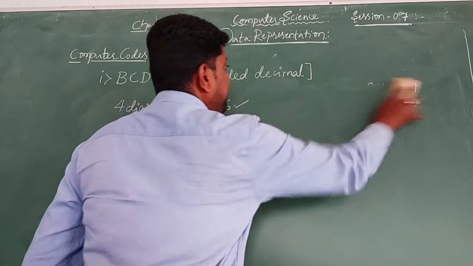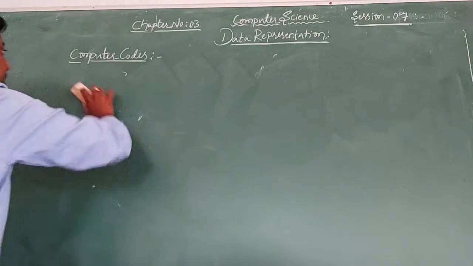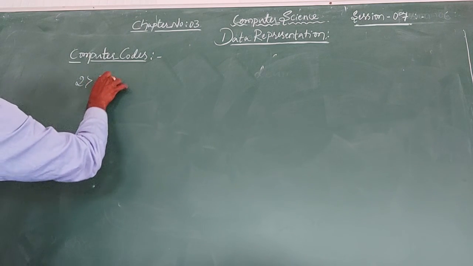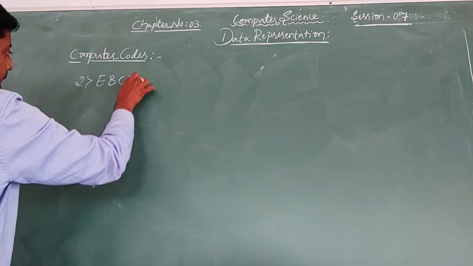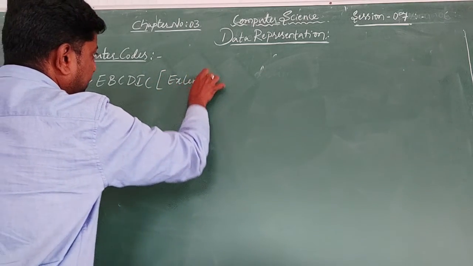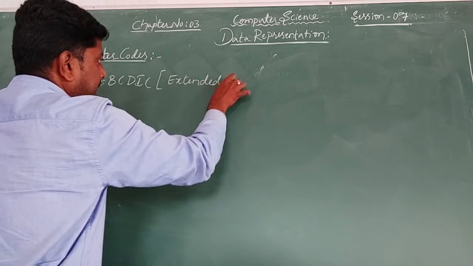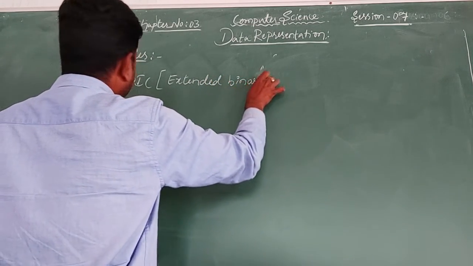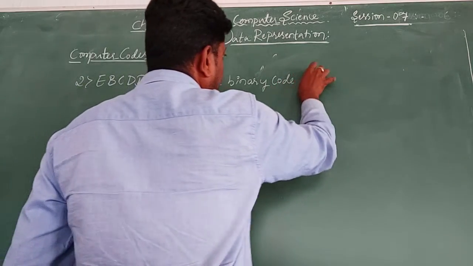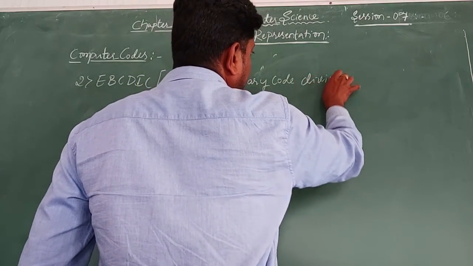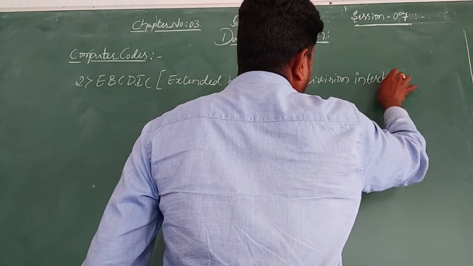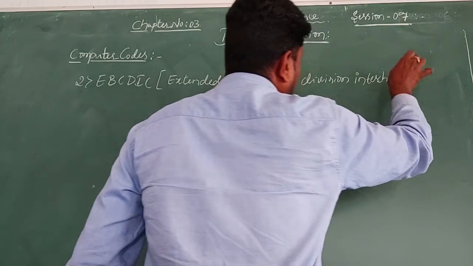If I want to abbreviate EBCDIC, see once again, second one: Extended Binary Coded Decimal Interchange Code.